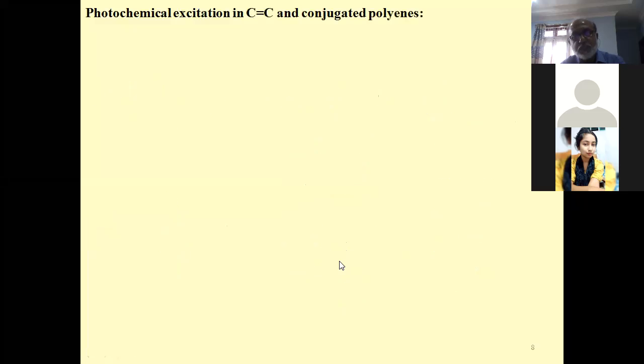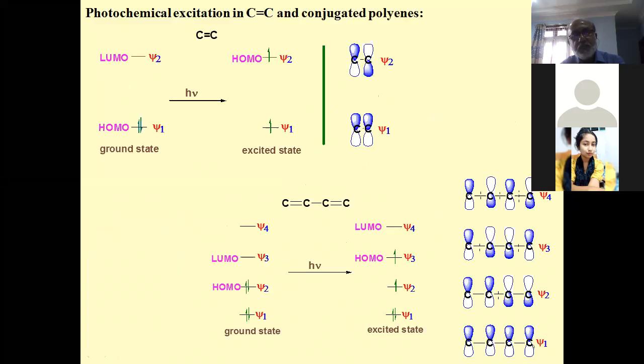So let us see this. These things, I think you should remember. This is from the theory part. What happens? A diene will give its electron from the HOMO of the diene to the LUMO of the dienophile.